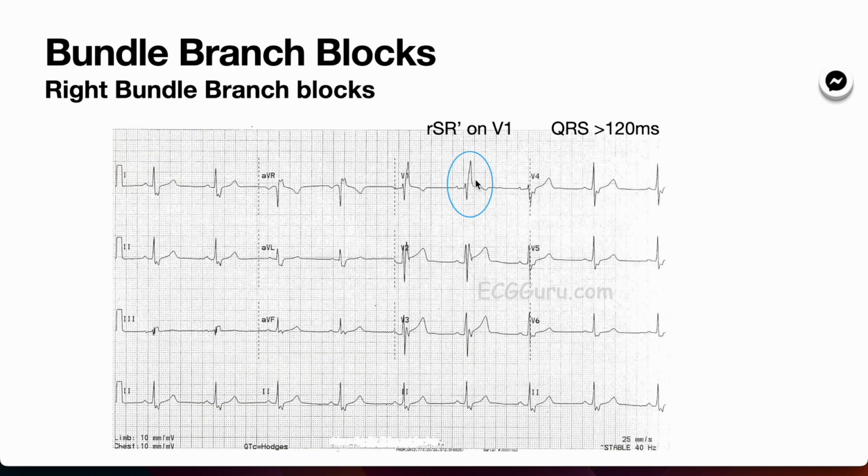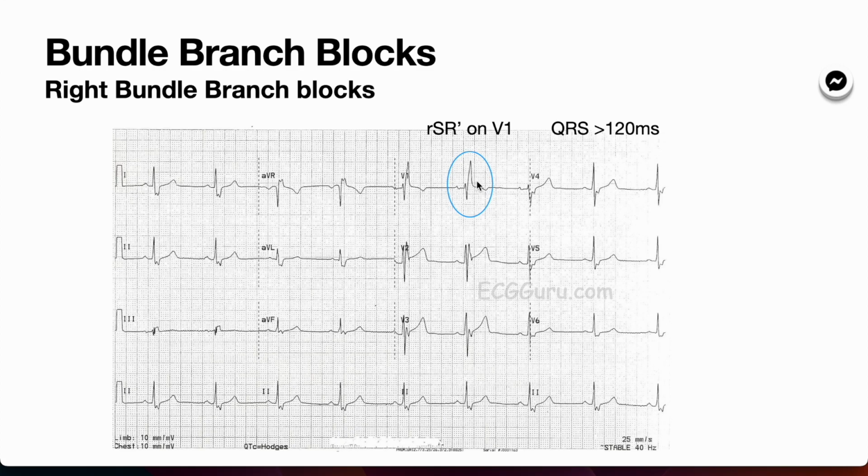When you take a look at V1 here, normally the right bundle and the left bundle tend to conduct at the same time. But if you have a delay in the right bundle branch block, you can see that the left bundle is being conducted, but there's a delay in your right bundle.